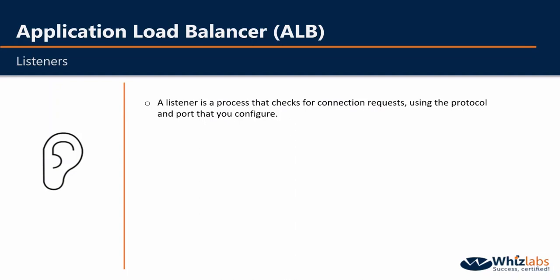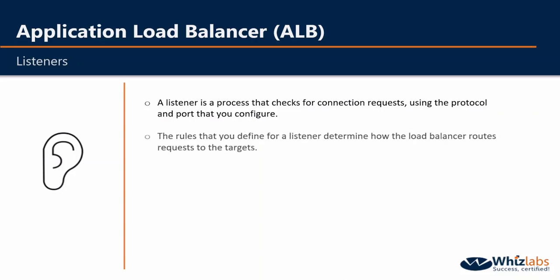A listener basically checks for the connection request using a protocol and a port that you configure. For the application load balancers, the listeners would be for HTTP or HTTPS. The rules that you define for a listener determine how the load balancer routes requests to the targets. That is, the rules dictate the forwarding logic for the traffic.